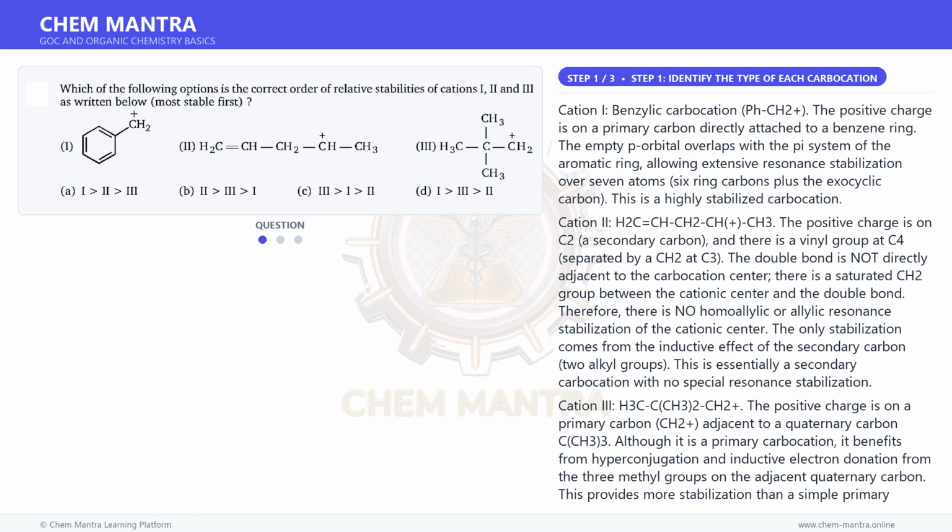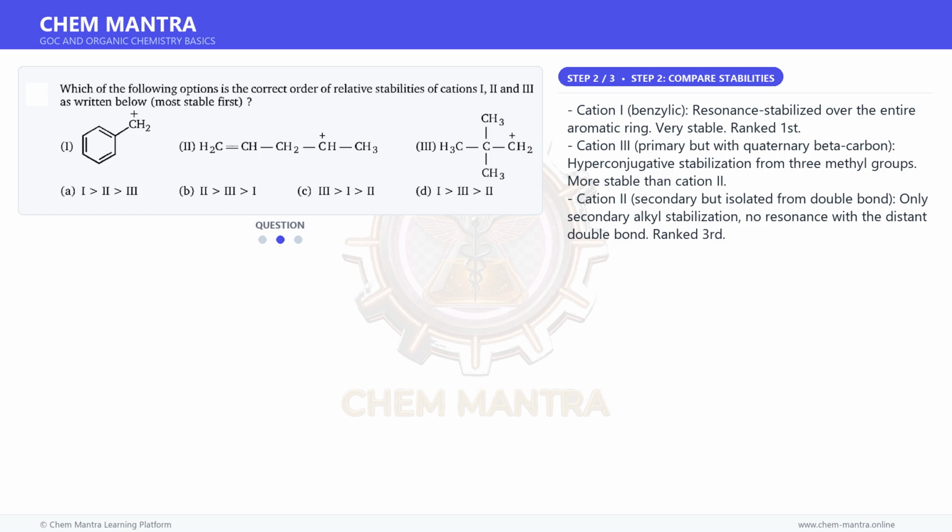This provides more stabilization than a simple primary carbocation and can be considered comparable to or slightly better than a simple secondary carbocation due to the multiple hyperconjugative interactions from the 3 methyl groups on the beta carbon. Moving on to the next step.